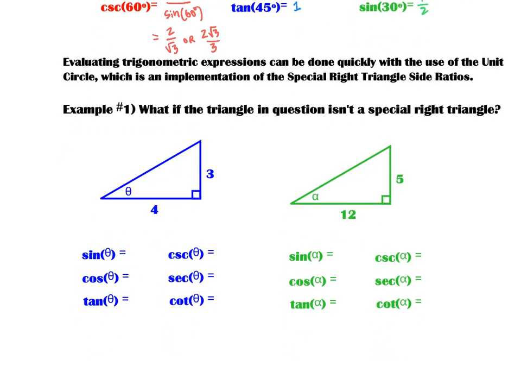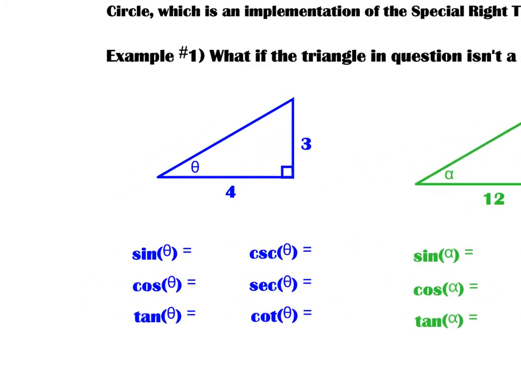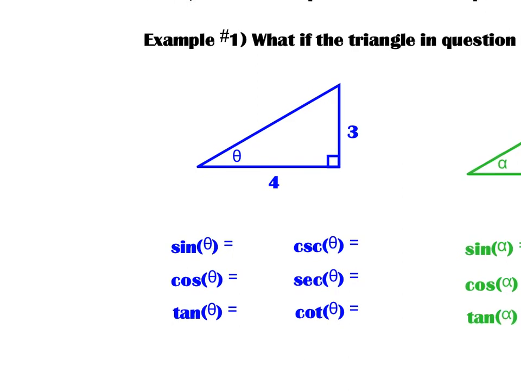What if the triangle in the question is not a special right triangle, or a triangle that we've seen in the unit circle? Like this, for instance. This is not a scaled version of a 30, 60, 90 or 45, 45, 90. For example, I'm going to take the triangle from above. Let's say this angle looks like it might be 30 degrees, but I'm not sure.